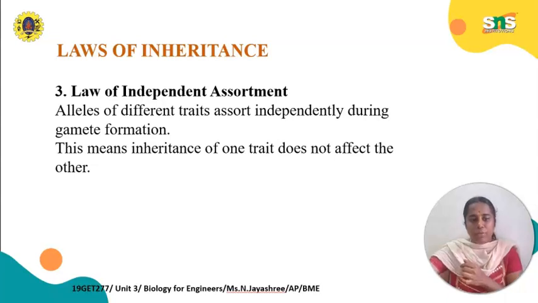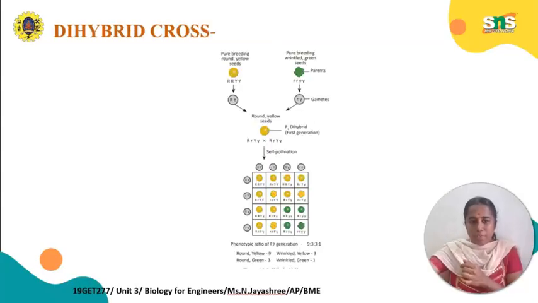For example, if you take one seed, the normal seed, and then the shrunken seed, and if both breed, the normal seed will grow faster when compared to the shrunken seed. So these are the various combinations of normal seeds along with shrunken seeds.